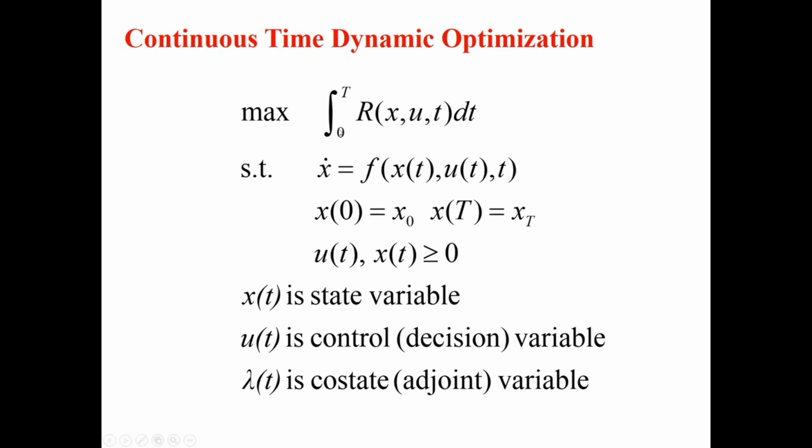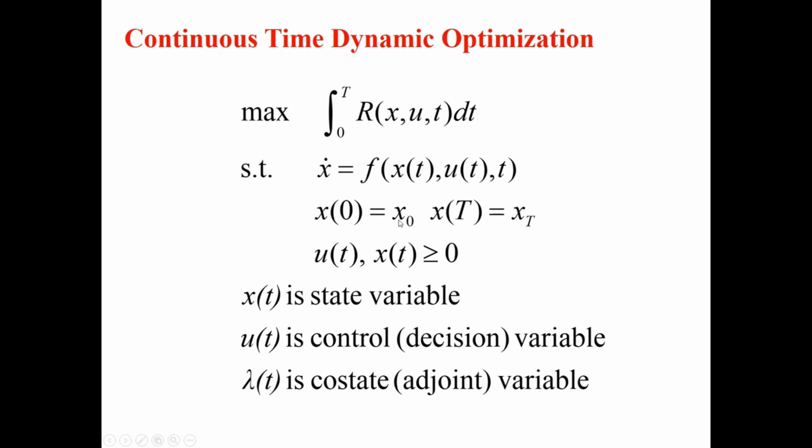So we want to maximize this function through time from current time, 0, to some future time, big T, subject to the constraint that the change in x at any instant in time is a function of the state variable x, the control variable u, and again time. And the control variable and the state variable are functions of time as well.